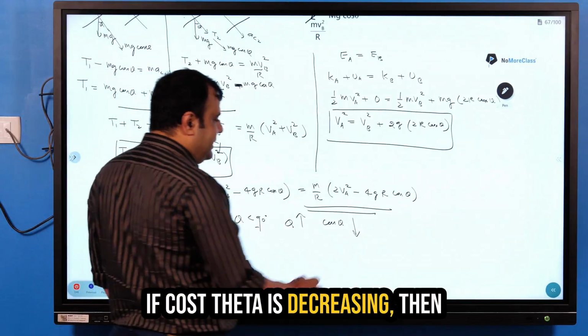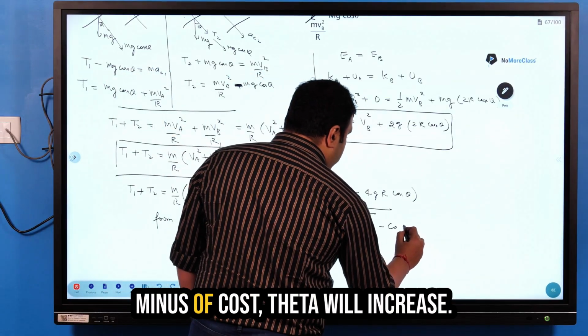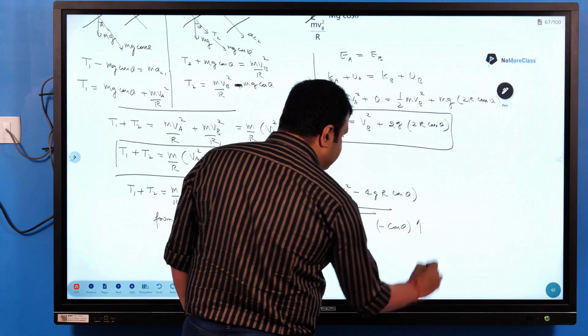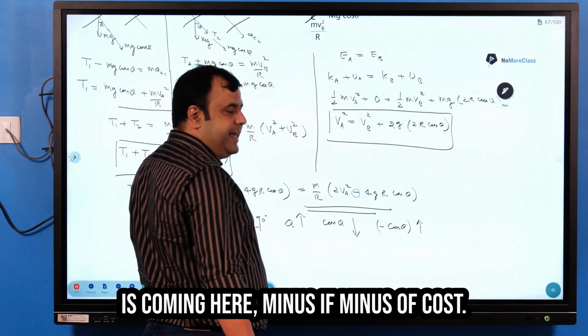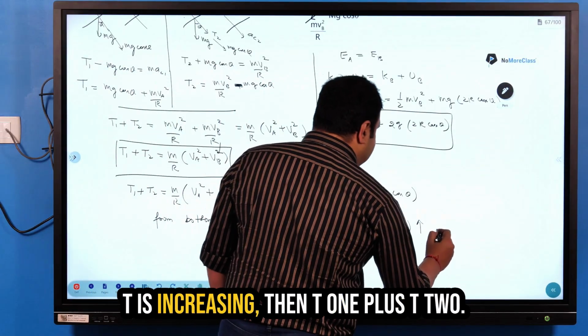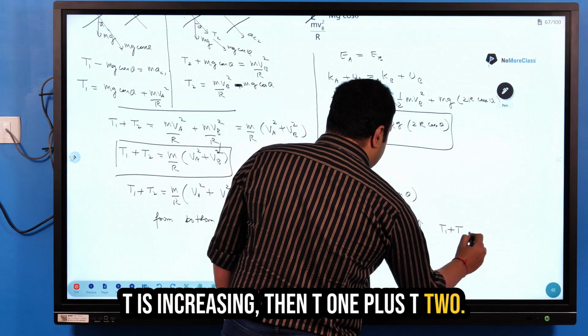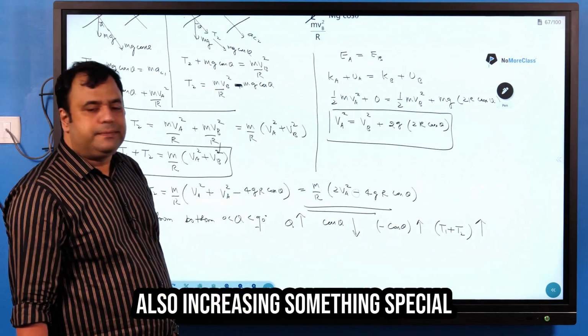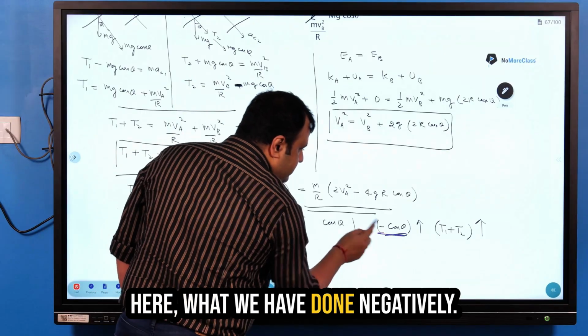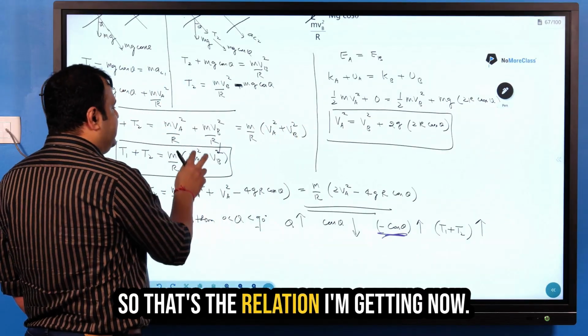If cos theta is decreasing, then minus of cos theta will increase, which is coming here with the minus sign. If minus of cos theta is increasing, then T1 plus T2 is also increasing. So that's the relation I'm getting.